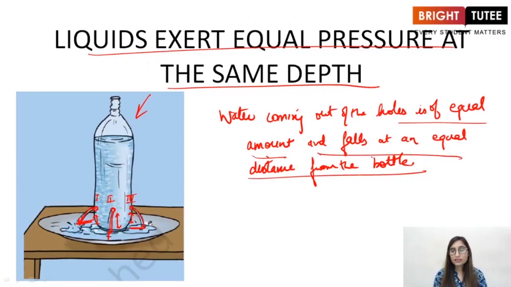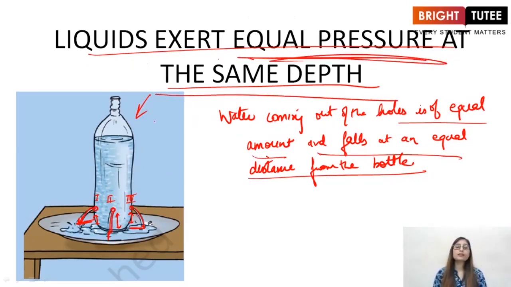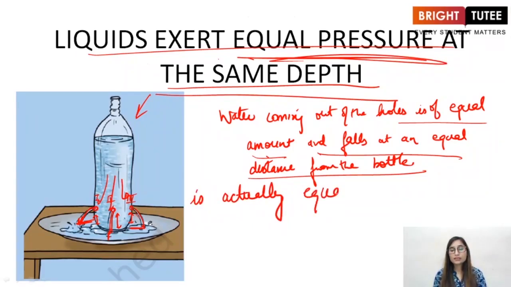So what does this tell us? That liquids exert equal pressure at the same depth. So the water that is exerting pressure on the 3 holes is actually equal. This activity tells us this.